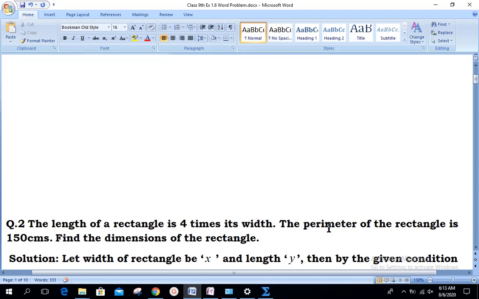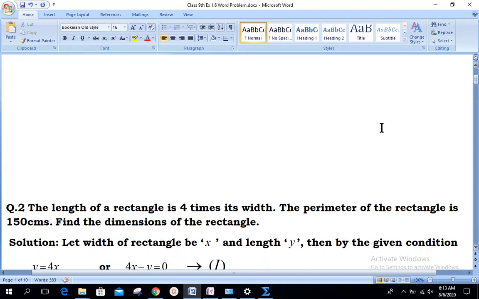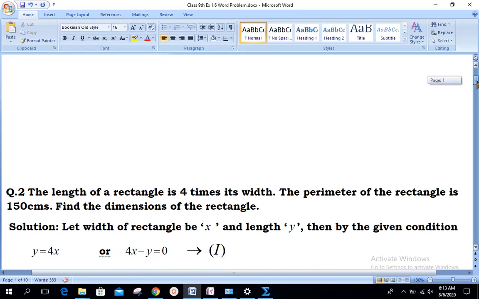So you will have to suppose one length and one width. So let us suppose that width of a rectangle be x and length y, then it is well clear in the first sentence that length is 4 times, that is y is equal to 4x.